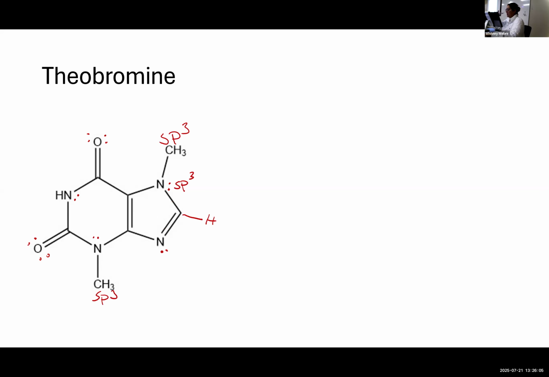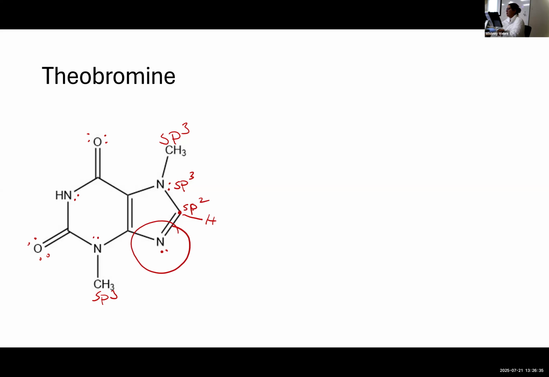Sorry, I know that this is seeming so much harder than I would ever ask you because I wouldn't. But this is an example of how we would draw a line drawing for organic students, because they have a lot of assumptions in here that students who have taken 2 years of chemistry could do. I'm not asking y'all. So there is a hydrogen here. So that would be 3 things attached to this carbon right here. So that would be sp2. Make sense?